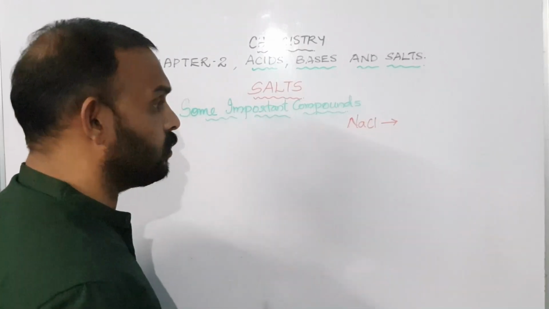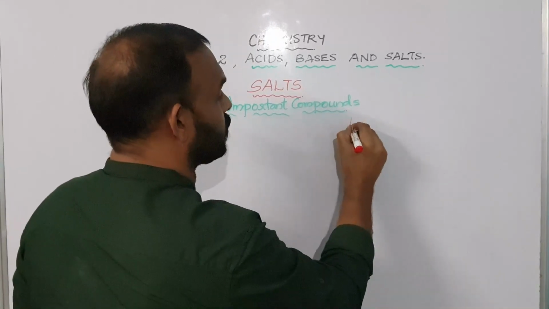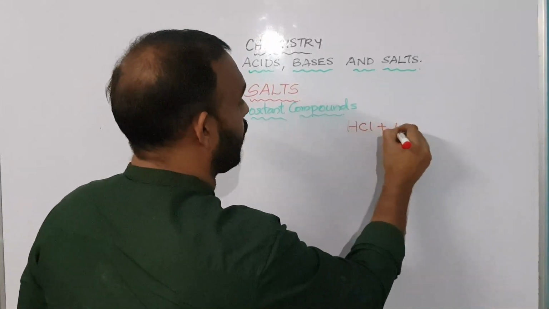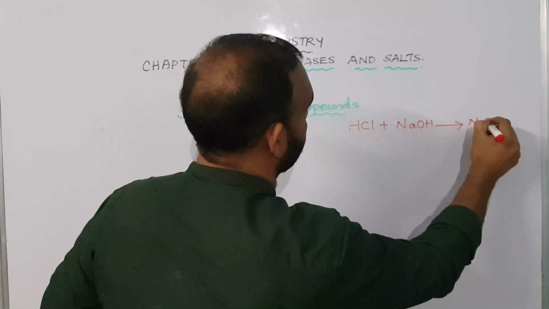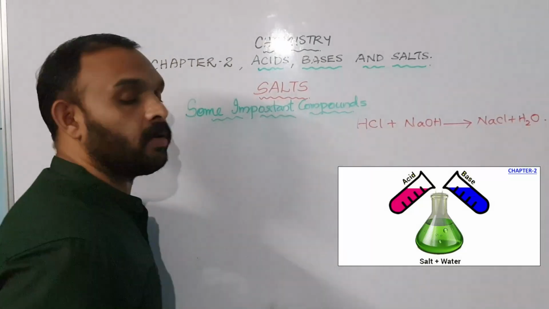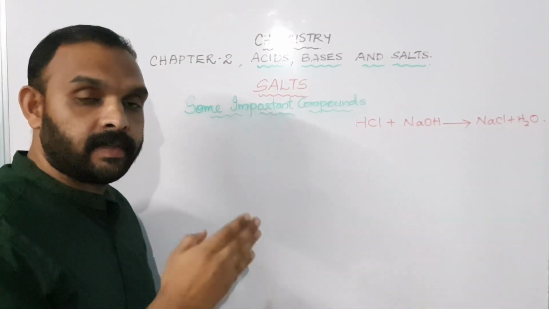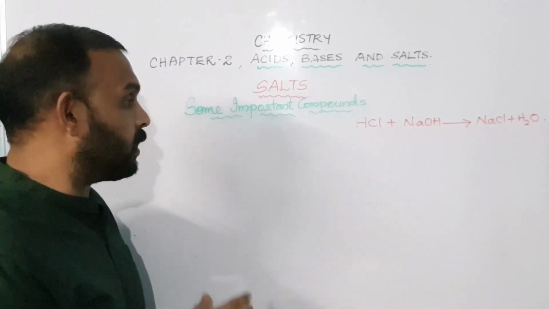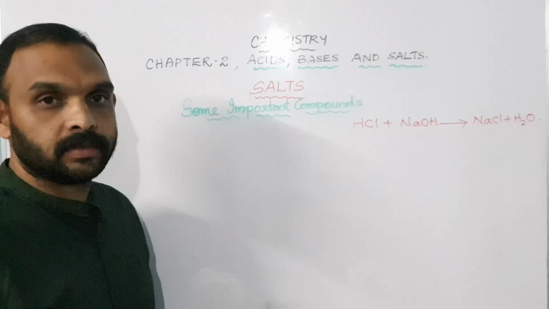Clear? Now, generally we know that sodium chloride is formed by the reaction of HCl and NaOH. When HCl and NaOH react with each other, we will get sodium chloride and water. Now, as I mentioned in the beginning of this topic, sodium chloride is used for various purposes.